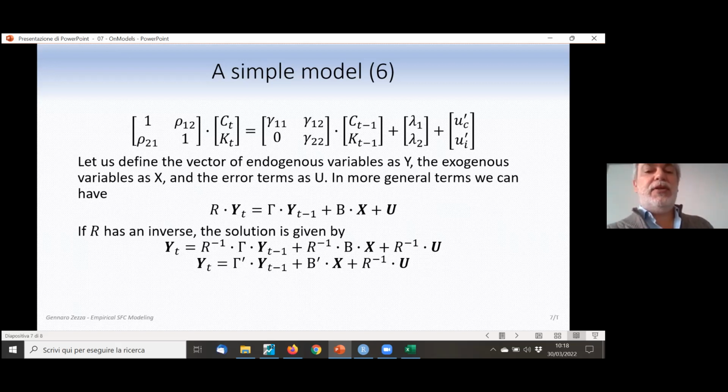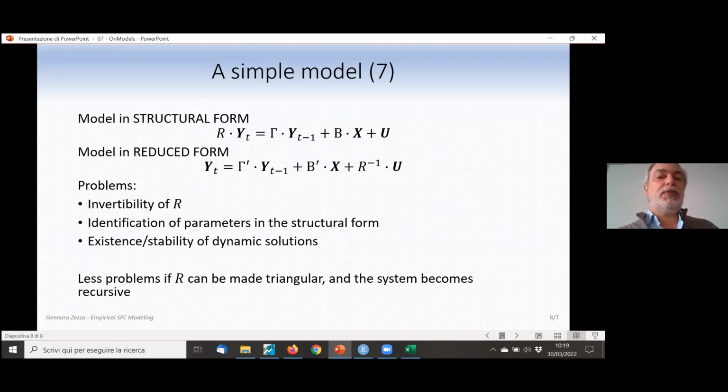The B prime is the matrix with the same size of B, but they will be combinations of the parameters in R and the parameters in gamma and B. And also the error terms will depend on the inverse of R.